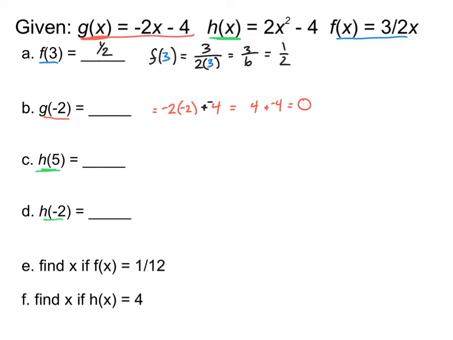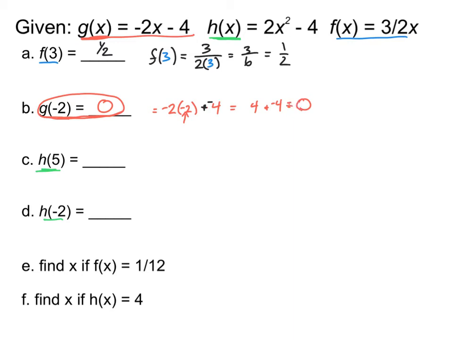Having that negative inside of parentheses, make sure you multiply the negatives correctly. So the answer there is 0. You want to write your answer as the entire function answer: g of -2 equals 0. Don't just have your answer be 0, okay? I want you to have the full function notation, the full function work in your answers, please.